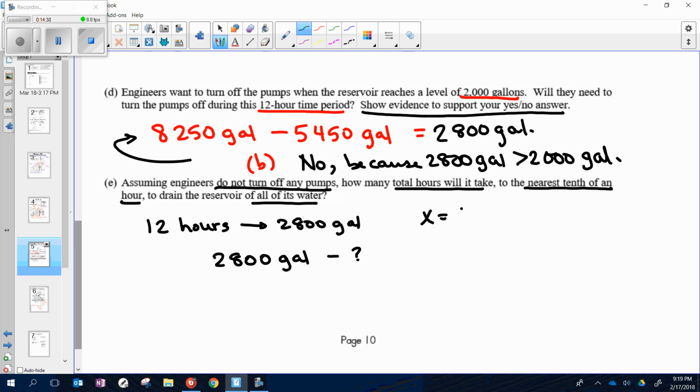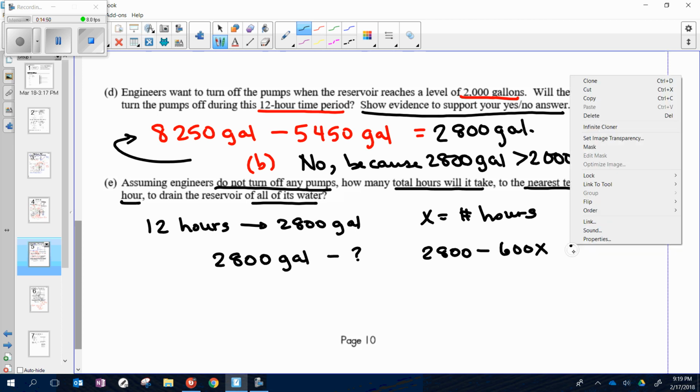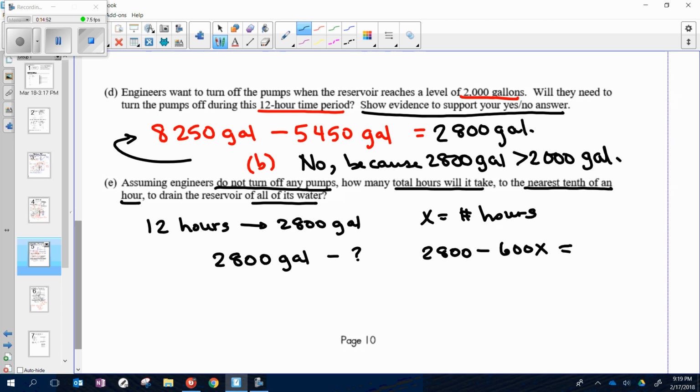Let's say x equals the number of hours. So let's say I want to do 2,800 minus 600 gallons every hour, and I want that to go down to 0. So I'm doing a little algebra here because we can. Subtract 2,800, try to get x alone. Negative 600x equals negative 2,800.